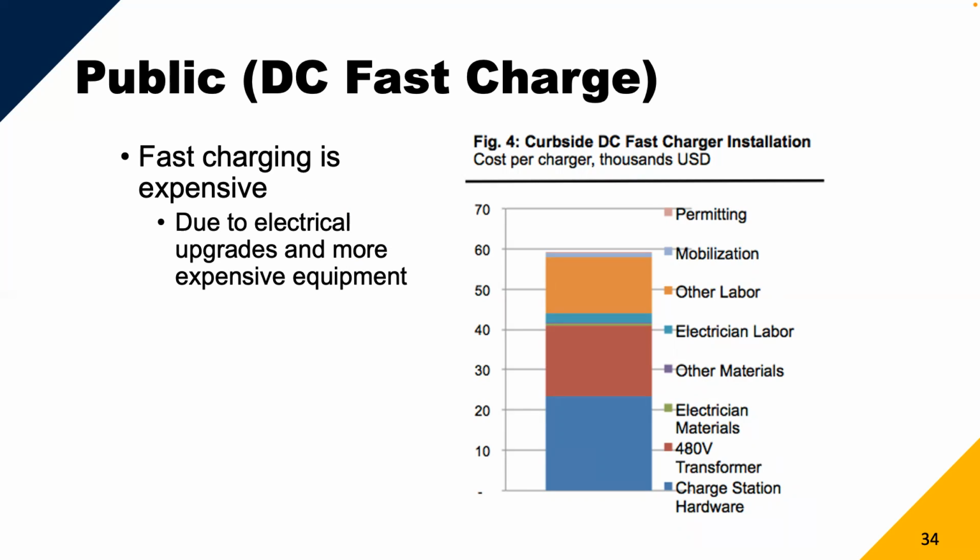And so this is what we say is sort of a typical cost. I think this is actually probably lowballing it. 60K is, I would argue, probably like the absolute cheapest you could possibly get for a DC fast charger installation.